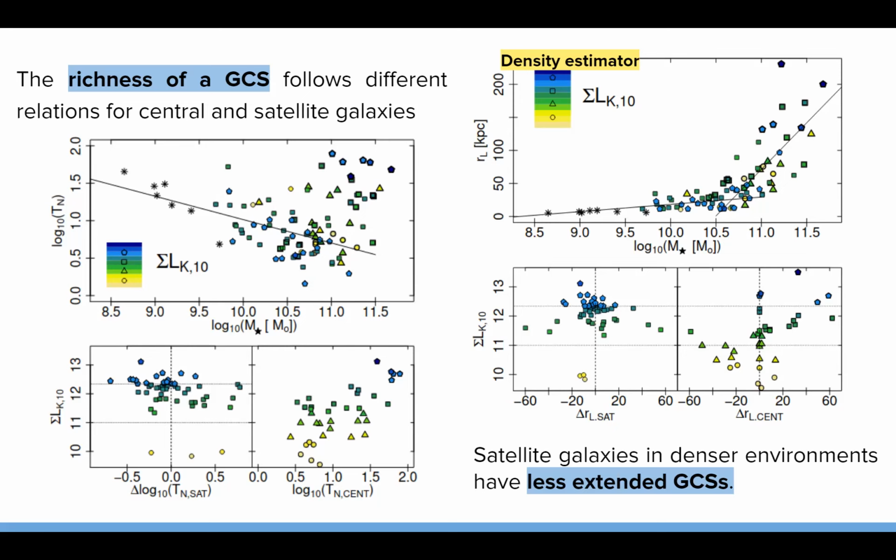And again, if you look at the plots below, the satellite galaxies over there, you can see that galaxies that are in denser environments have smaller globular cluster systems, which is a result that is consistent with the previous one.